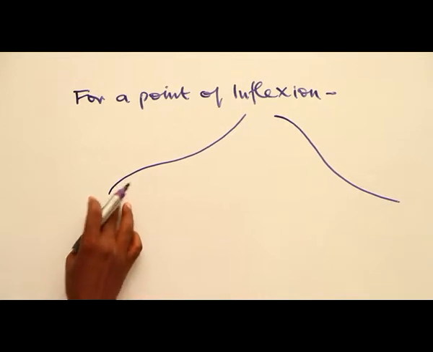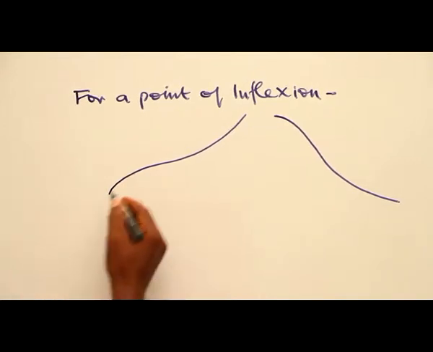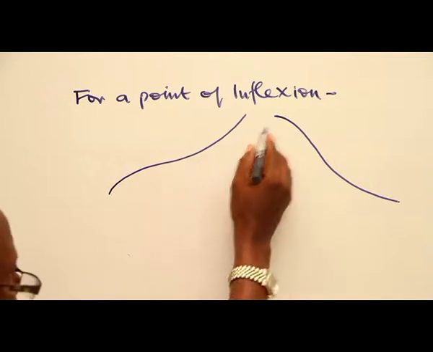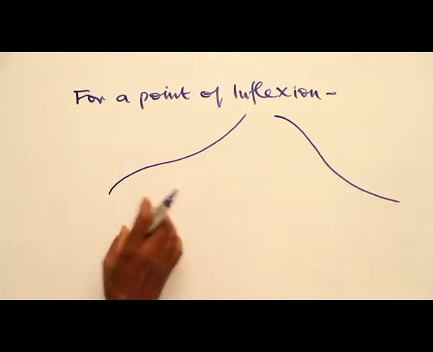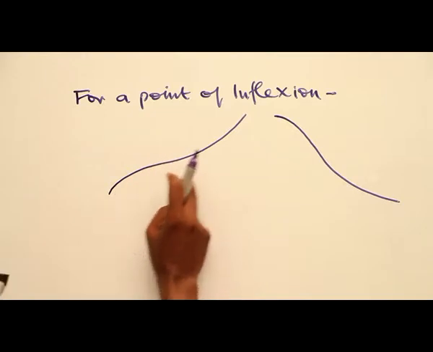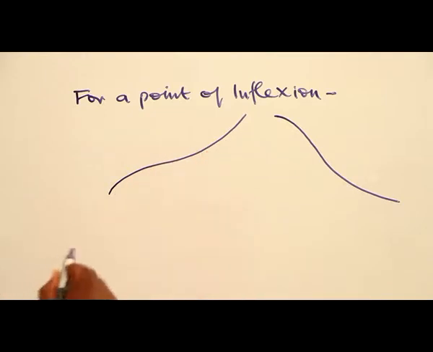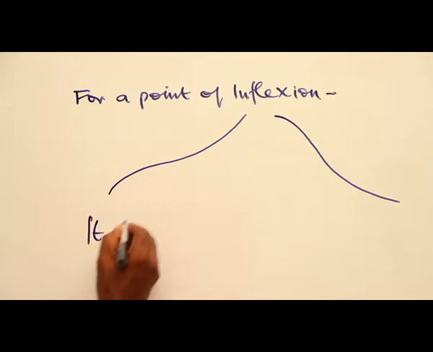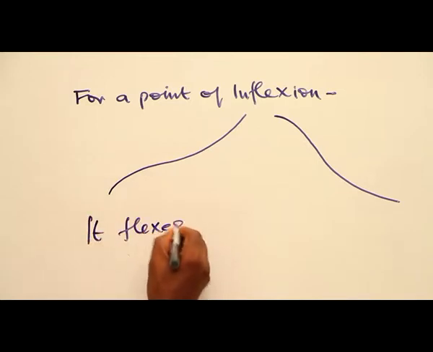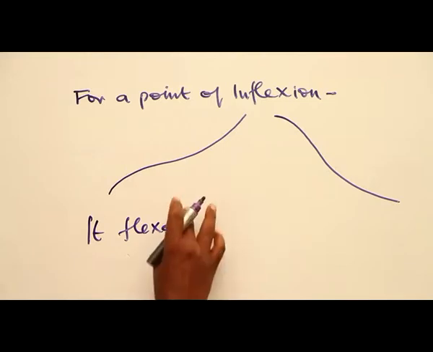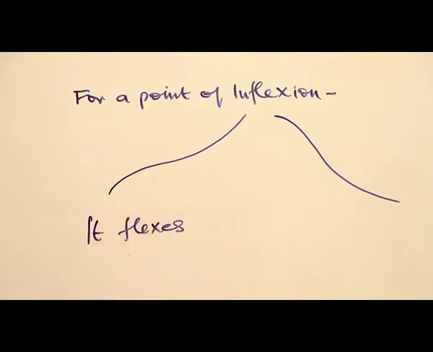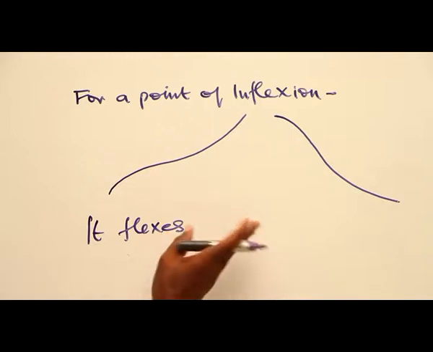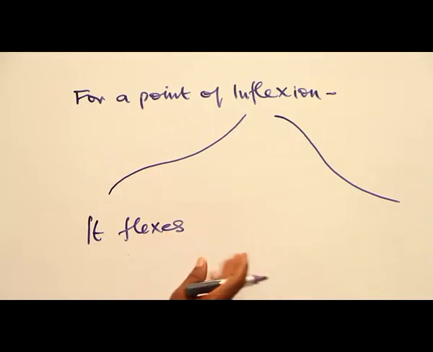You will realize in this case that it is not rising or falling at any point on the curve. Rather, it flexes at a particular point. So it's neither maximum nor minimum.